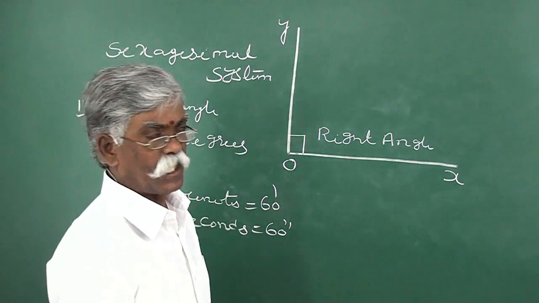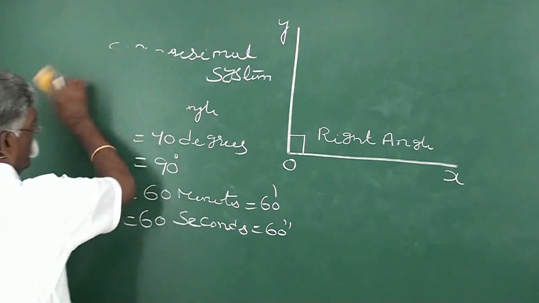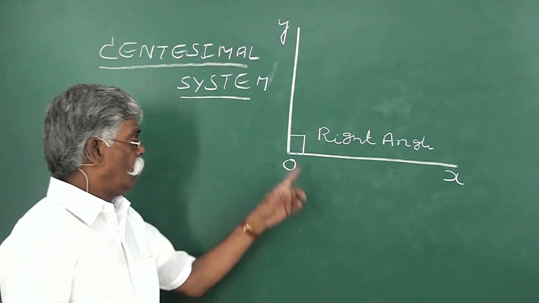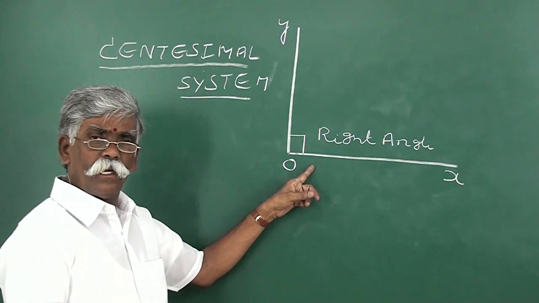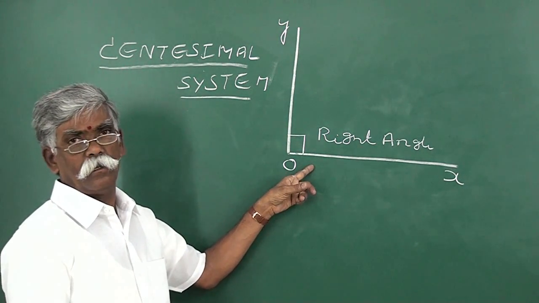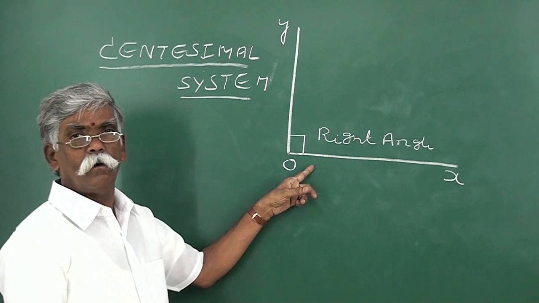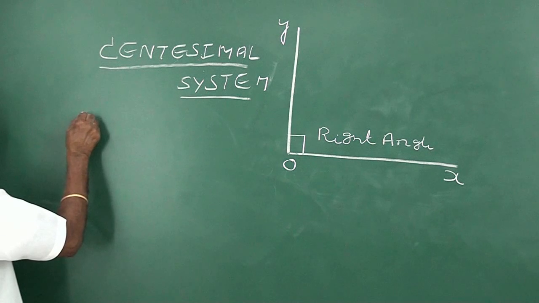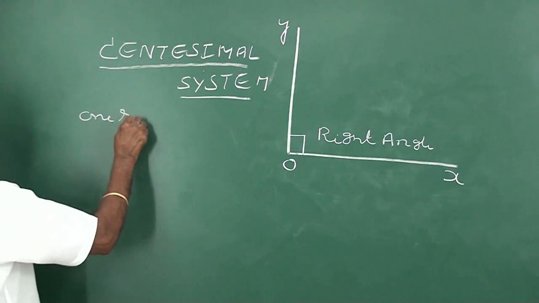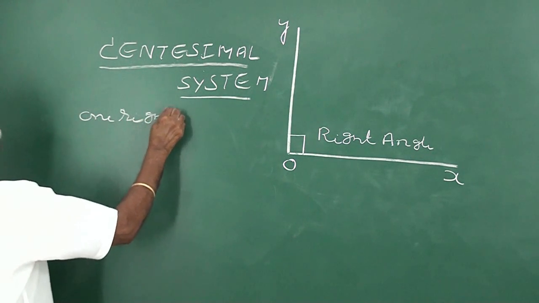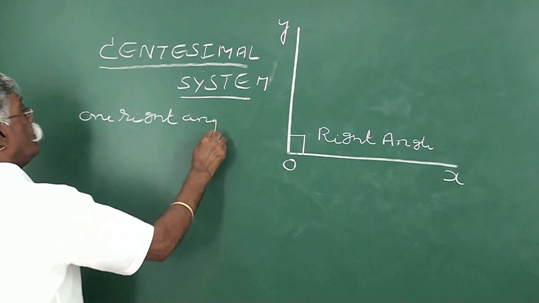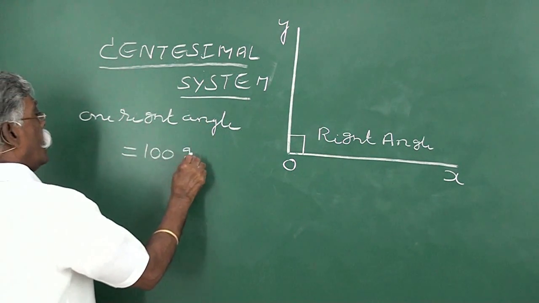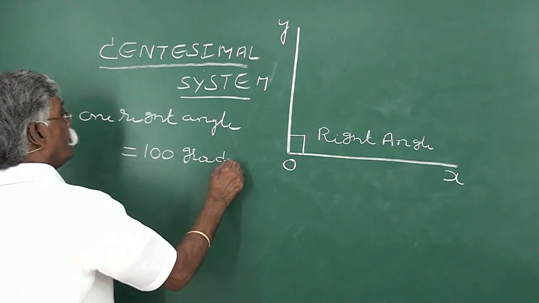Now let us know about the centesimal system. In the centesimal system, the right angle is divided into 100 equal parts and each part is called 1 grade. Hence, one right angle is equal to 100 grades.